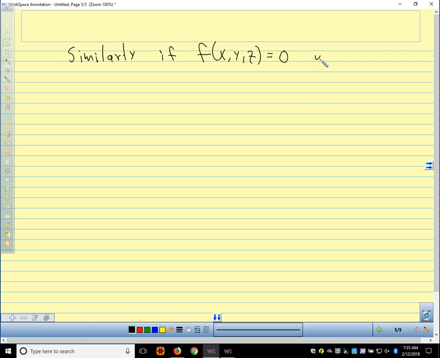And we're going to say z is a function of x, y. So z is implicitly a function of x and y. In that case, we can say the partial of z with respect to x is minus the partial of f with respect to x over the partial of f with respect to z. dz/dy is minus the partial of f with respect to y over the partial of f with respect to z.